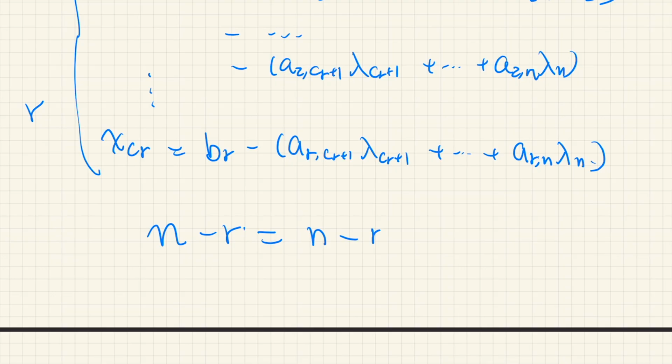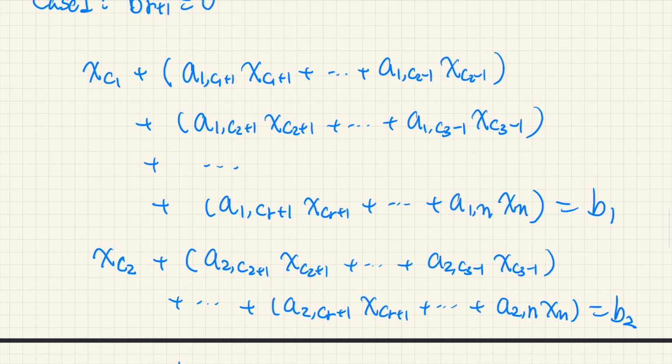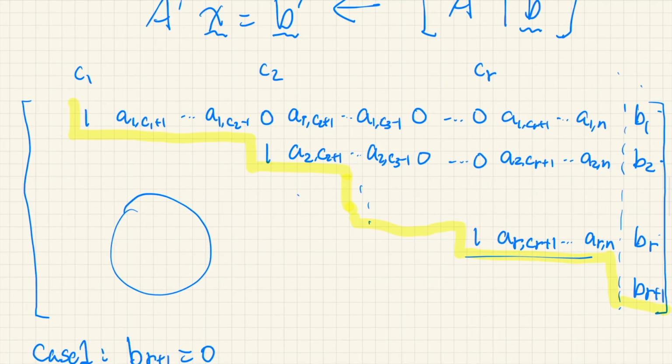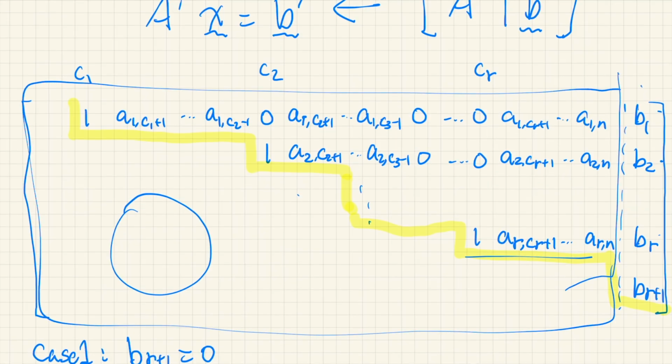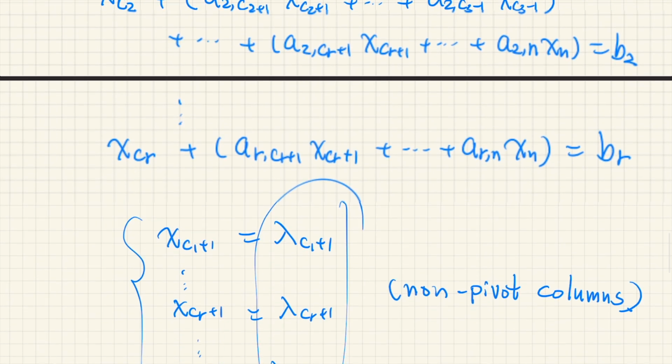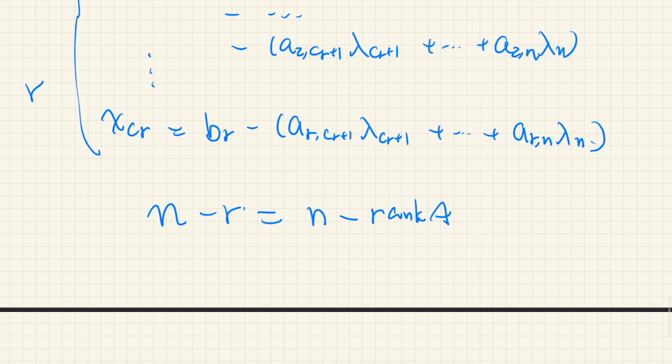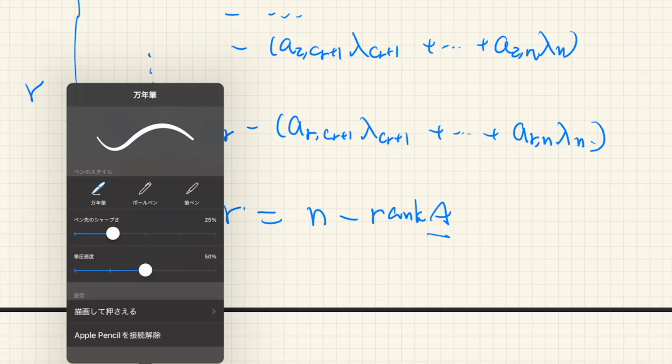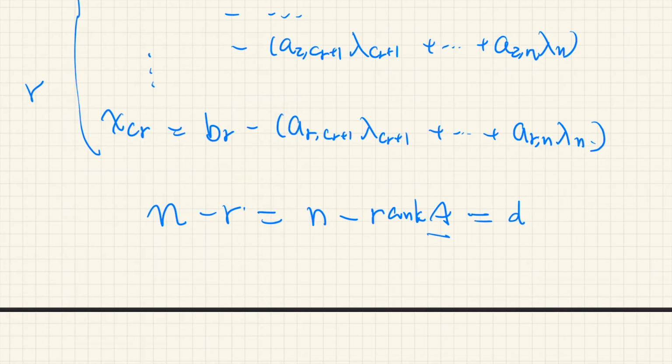So r is the rank of A, because this r is determined only by this part of the augmented matrix, which is the original coefficient matrix. That is the rank of A. So this is the degree of freedom of the solutions in this case.